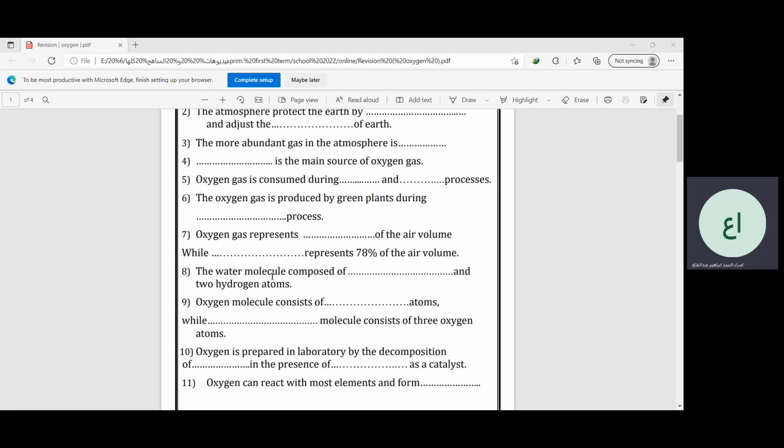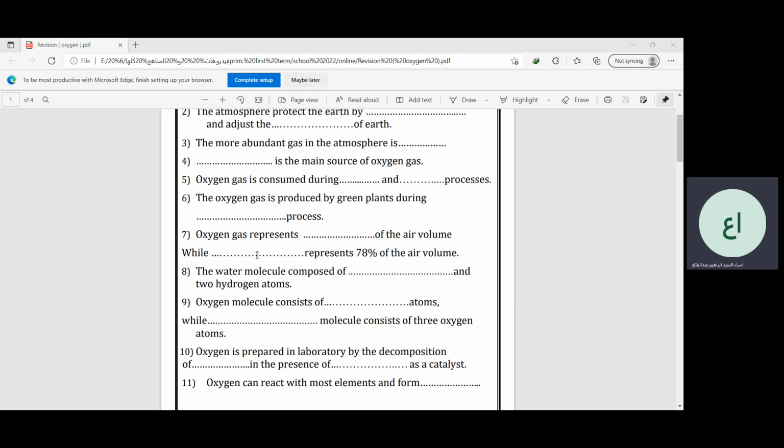So here, guys, oxygen gas represents 21% while nitrogen represents 78% of air volume.